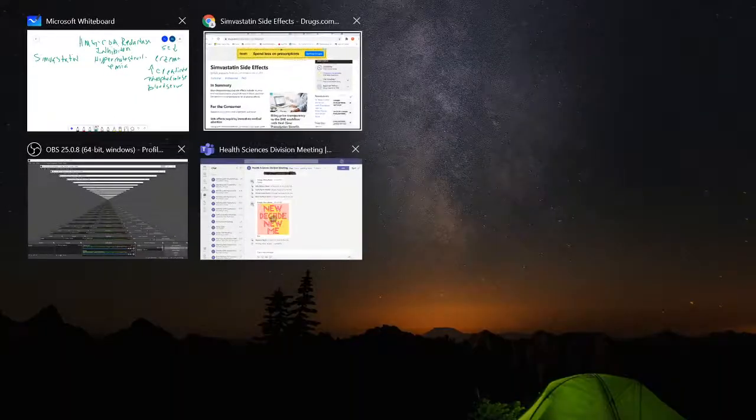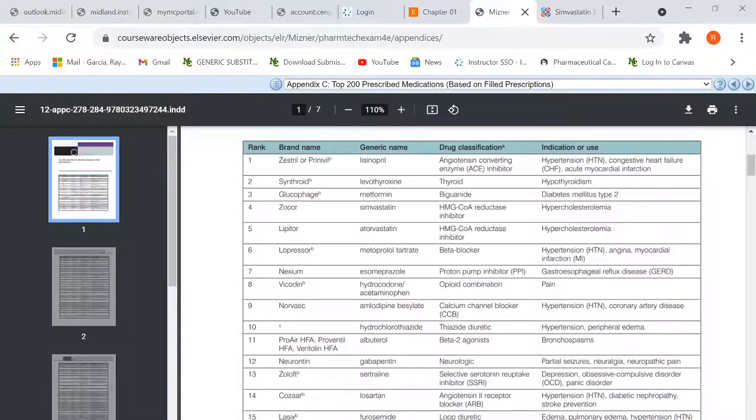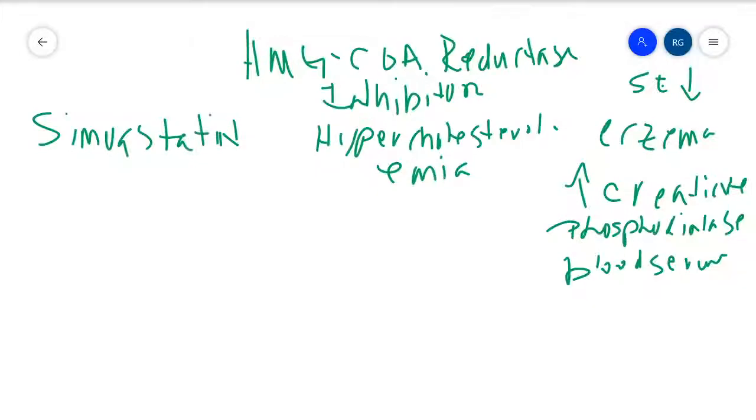So right under that, we had atorvastatin, which is also an HMG CoA reductase inhibitor, and also for hypercholesterolemia. Atorvastatin, or Lipitor.